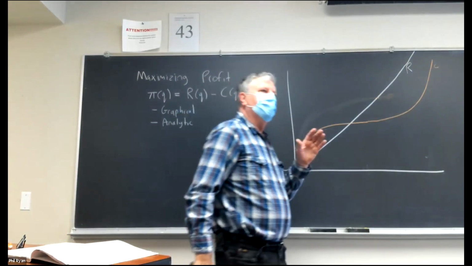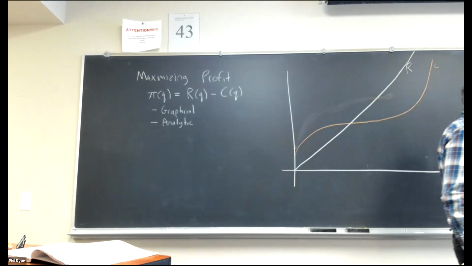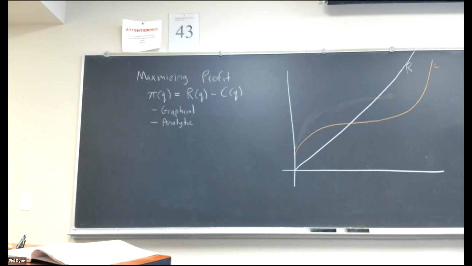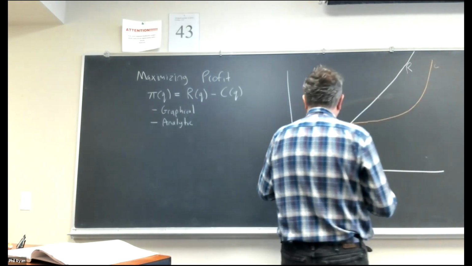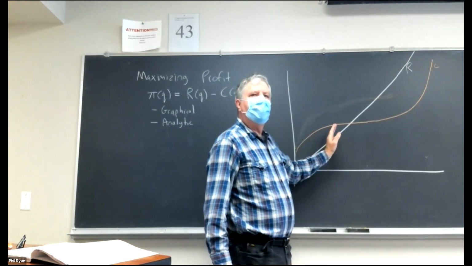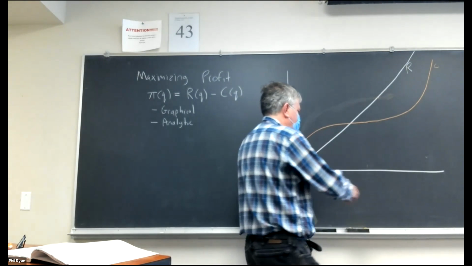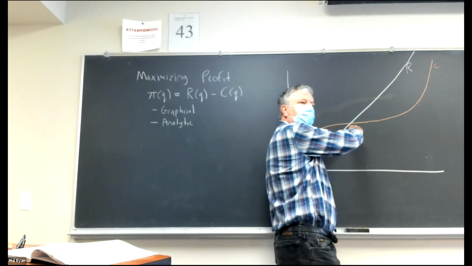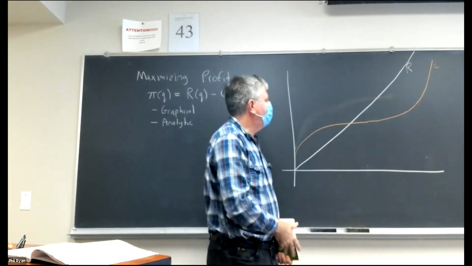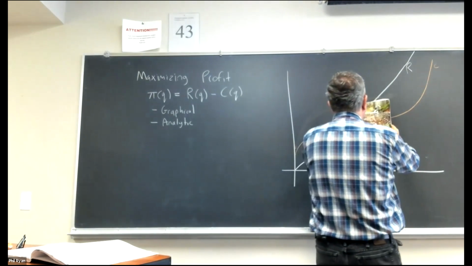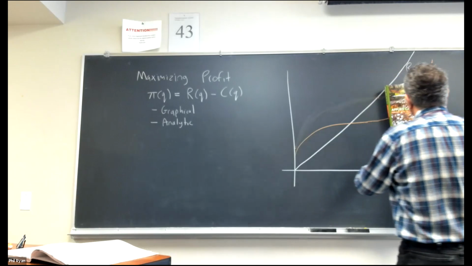And so that profit is a quantity, right? And quantities are just distances on graphs, right? So we want to see where is the distance the greatest between revenue and cost. Now we're not interested over here, right? Because this is loss. So what do we call this point? That's the break-even point, right? So we'd say, okay, the profit's increasing.